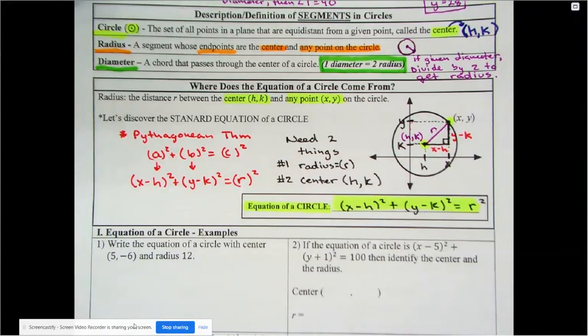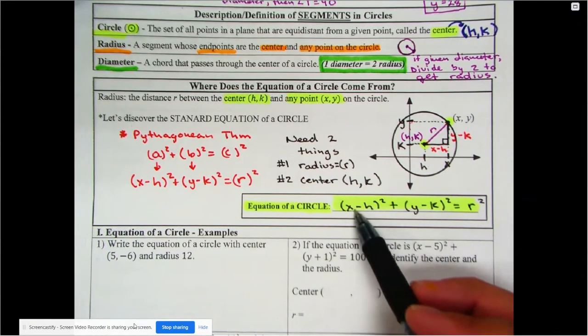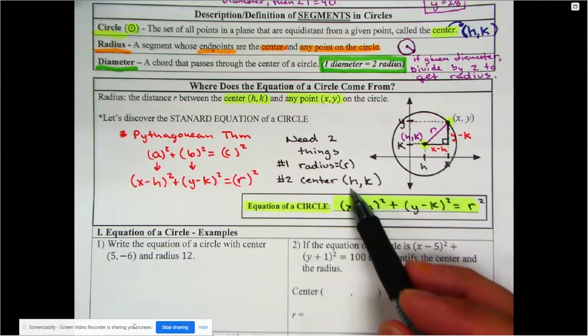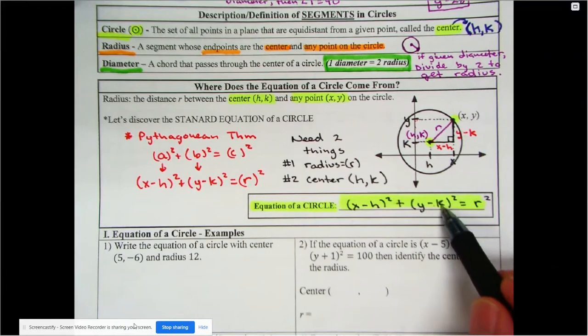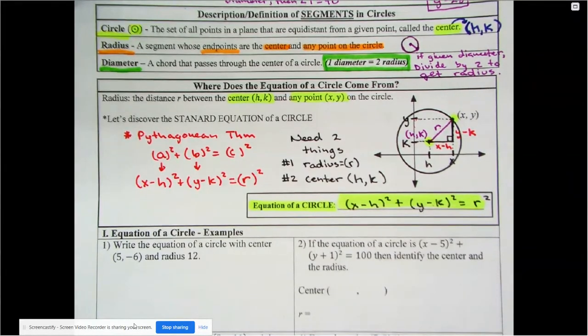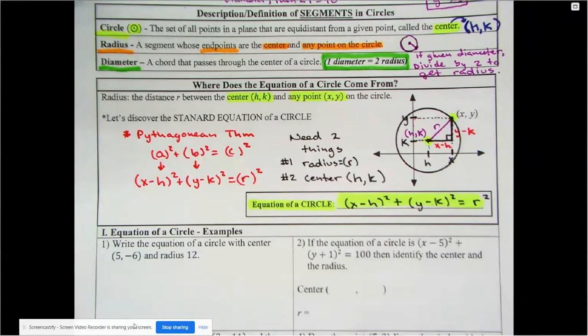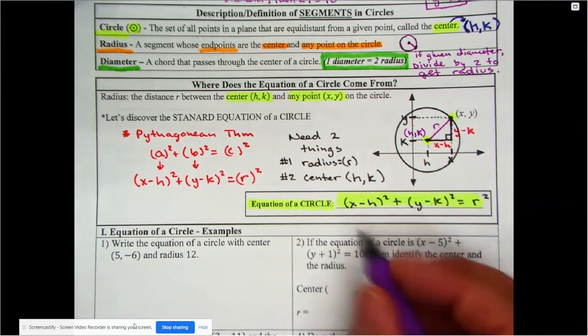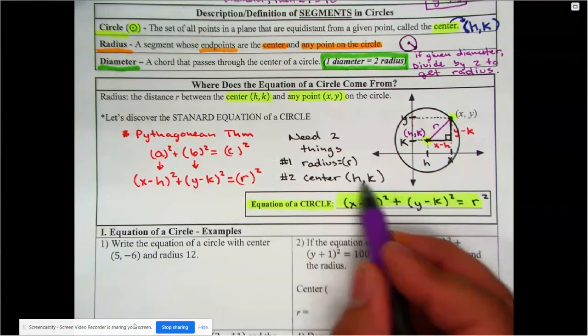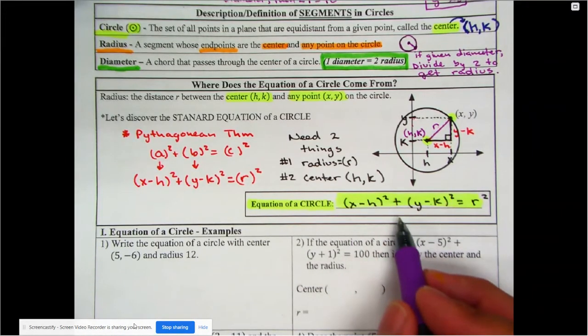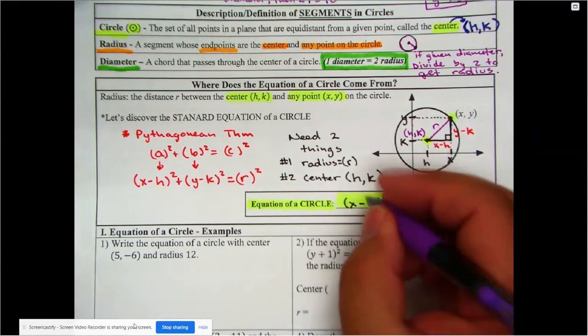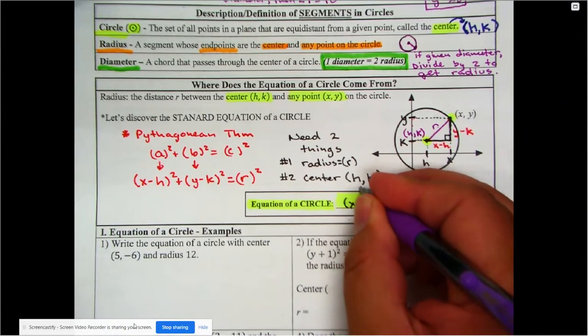Now, understand one thing, though. Here it says x minus h, but notice how I didn't write a negative. This one says y minus k. Notice how I didn't write the negative. The minus signs are part of the formula. So one thing to remember, and this is what we tell students every year, when you're trying to pull this information, the h and k, from the equation itself, you got to think opposite. Look at that. It said minus h.